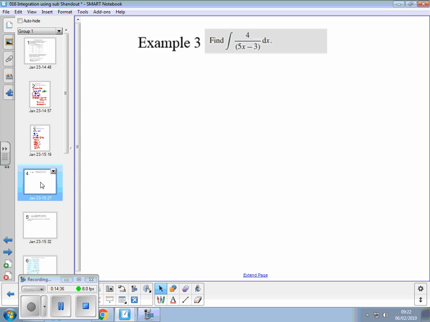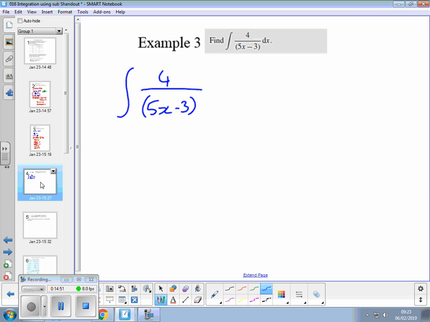So, third example. Find the integral of 4 over 5x minus 3 brackets times dx. Right, help me, where do I start with this one? Yeah, write it out, let u equal 5x minus 3, and then what?